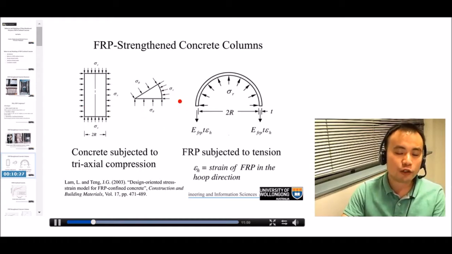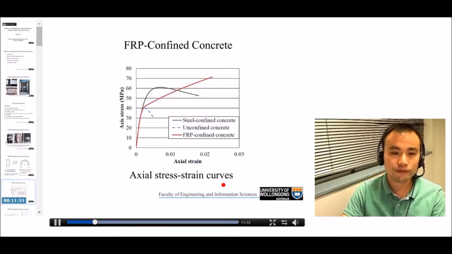If we cut half of the FRP jacket as an isolated body, the FRP jacket is subject to the reaction force from the concrete, which is delta R, and this delta R has to be balanced by the tensile stress in the FRP jacket, as you can see from the right figure. So if you write down the force equilibrium equation for this isolated body, that will be the basis of most theoretical models for FRP-confined concrete.